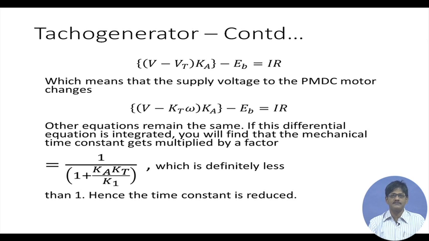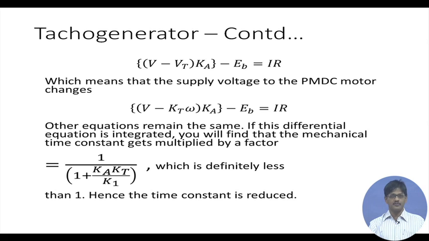It will ultimately be found that the tau or time constant, which was calculated last time to be RJ by K1 square, gets modified by a multiplying factor of 1 by 1 plus KA into Kt by K1, which is definitely less than 1. Why? Because it is having something added to 1 in the denominator, which is non-negative.